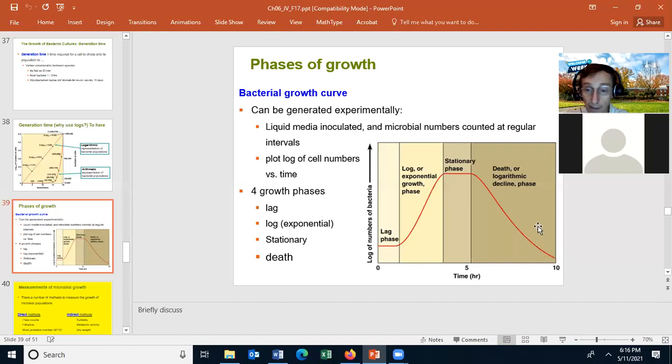We will only have cells dying. And that's because the nutrients are all used up, there's lots of waste products around, and space is limited. And so the cells are not reproducing, they will eventually all die. How long it takes for the cells to die depends on the species.